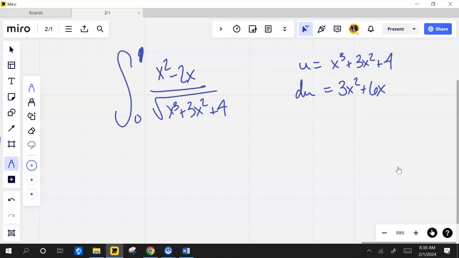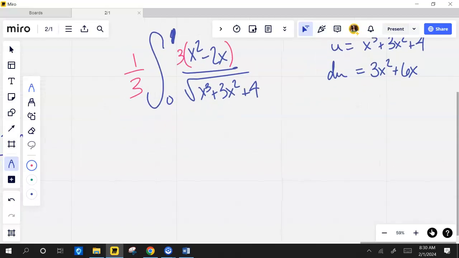Yes. I was feeling this needs to be doubled all the way through, so I'll counter that with a 1/3 here. All right, so I got 1/3 the integral of 1 over the square root of u.